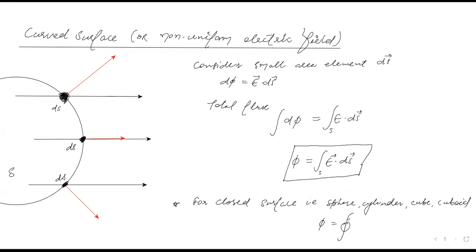This circle denotes that the integration is taken with respect to a closed area. Do you understand it? E into ds. Are you clear? This circle represents closed surface area. Note it down, please.